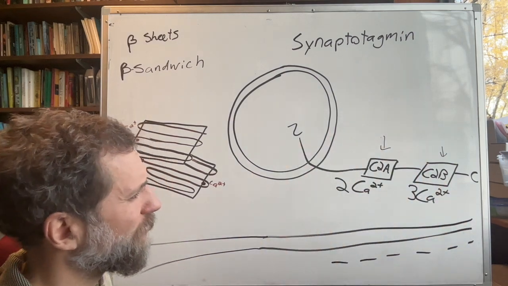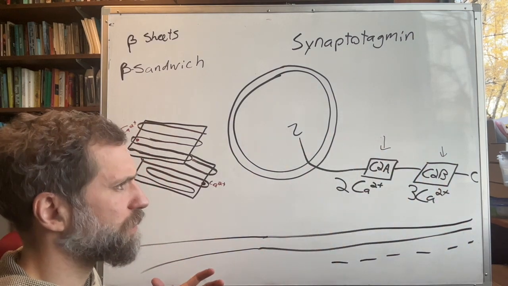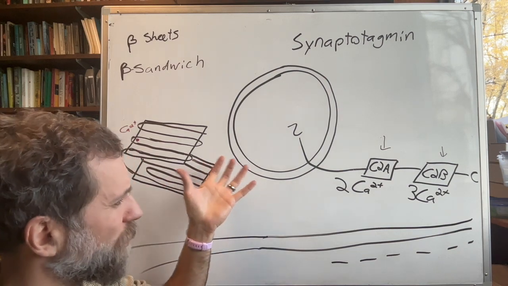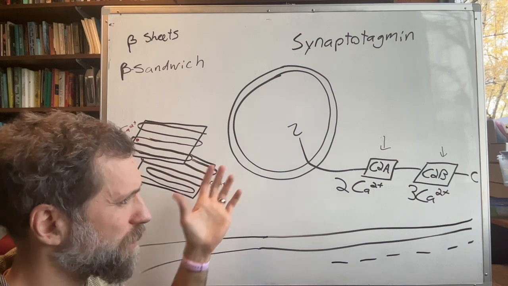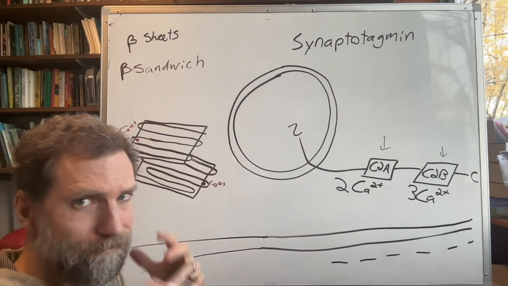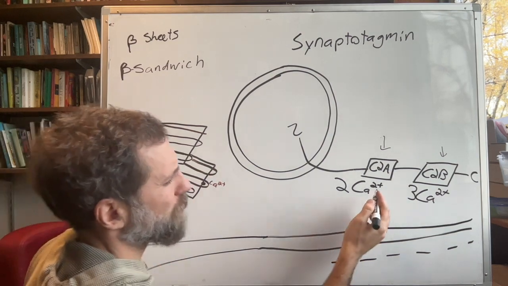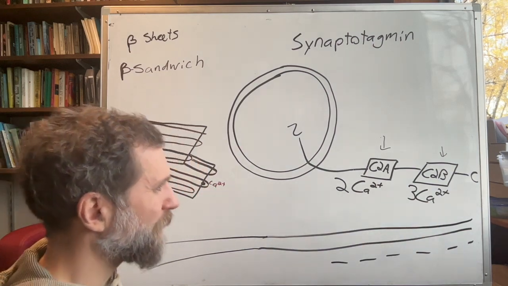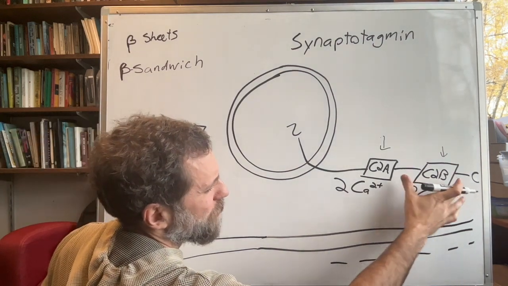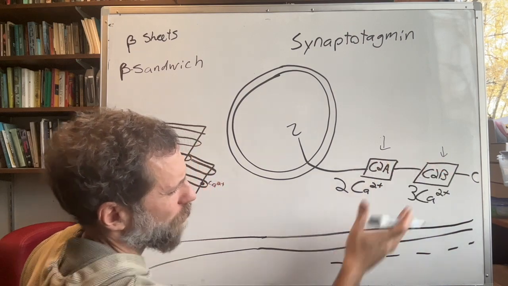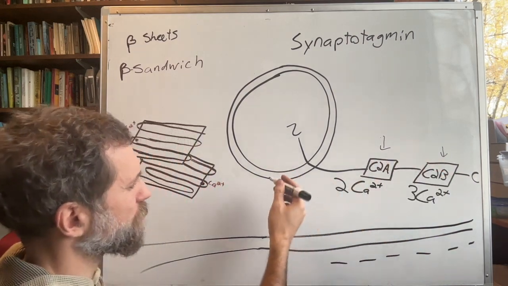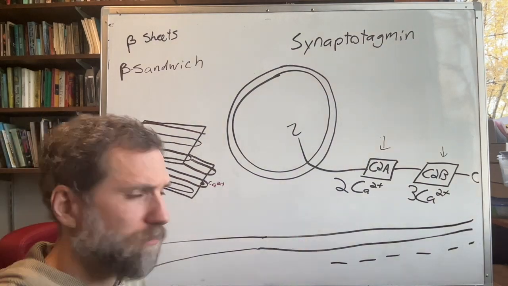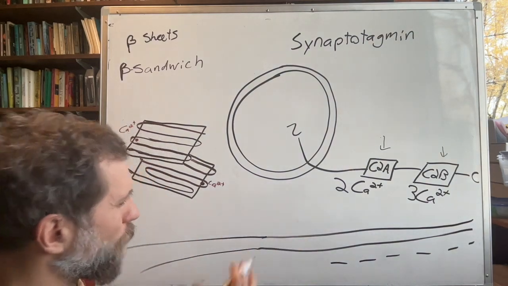So what's the electrostatic environment of the axon terminal, of the presynaptic cytoplasm? It's really positive because of all this calcium that's flooded in. Right? And so the synaptotagmin is filled with a +10 charge per protein, and there's 2 of them in sort of the way we've drawn things here.